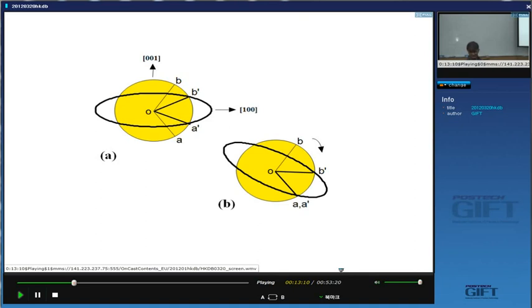Okay? So if I write the Bain strain and a rigid body rotation, that gives me an invariant line strain. Okay, where R is a rigid body rotation.